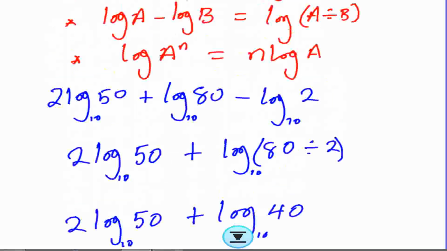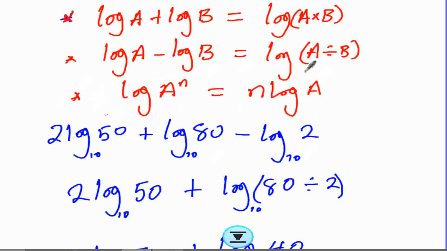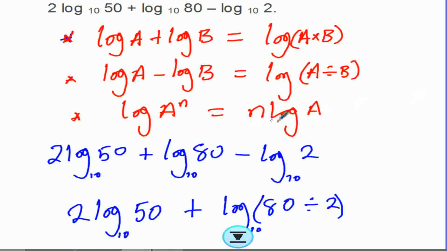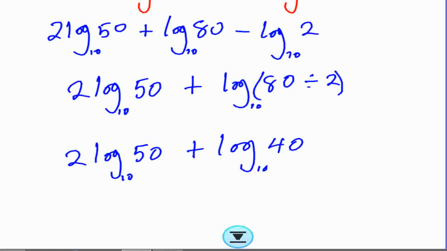So in the second part, we are going to apply this last law to this first number, 2 log 50. It is the same as n log A, which equals log A power n. So we are going to take this 2 up to be a power of 50.